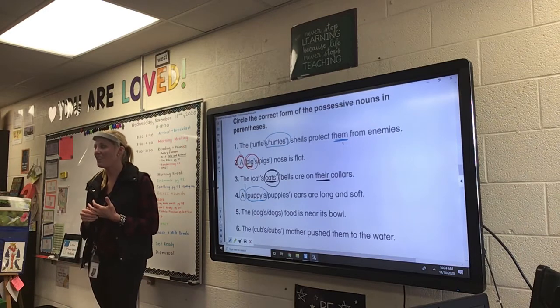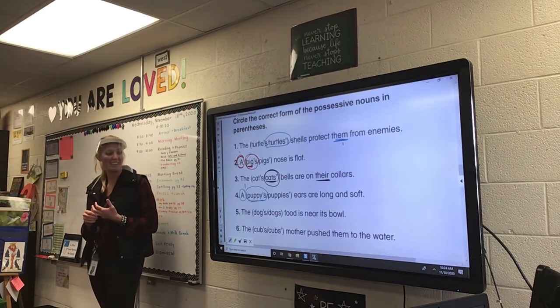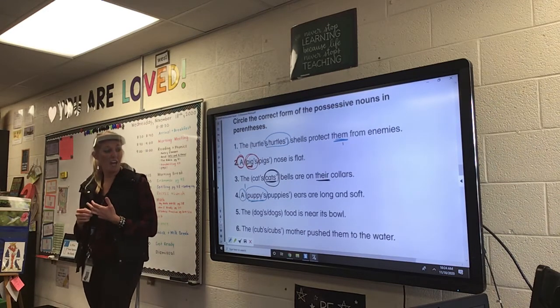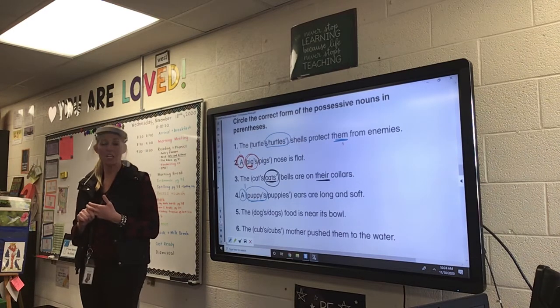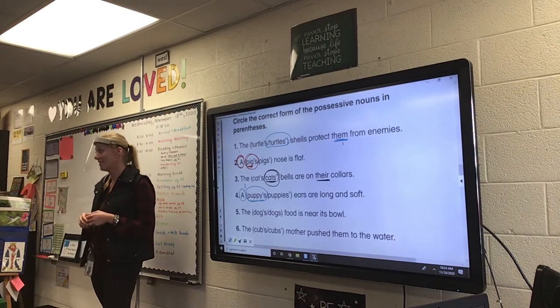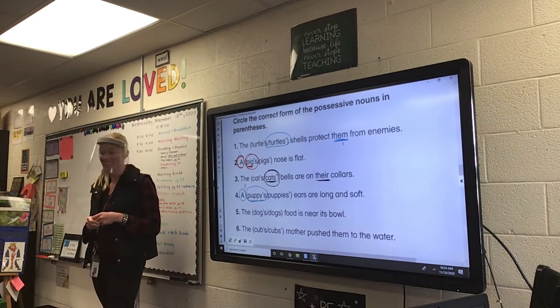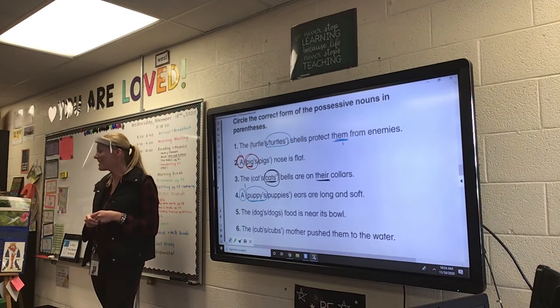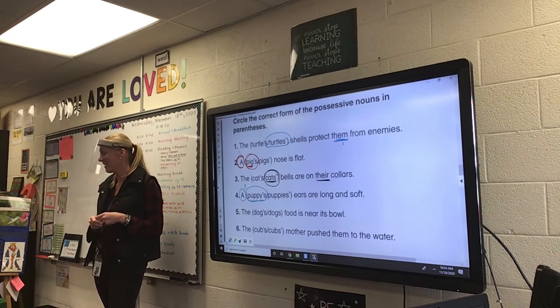Okay, now this one might trick you. It says the dog's food is near its bowl. Addie, what do you think about this one? The first one. Why is it the first one?